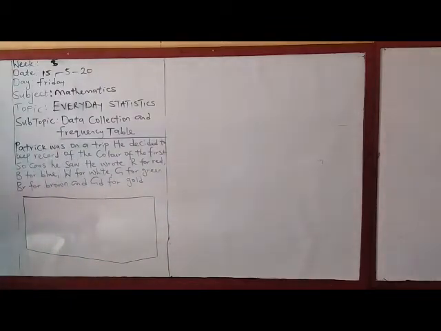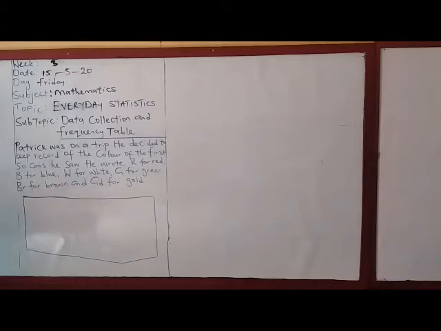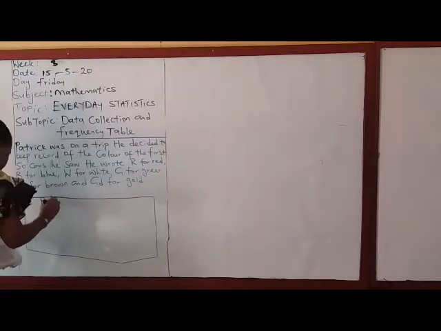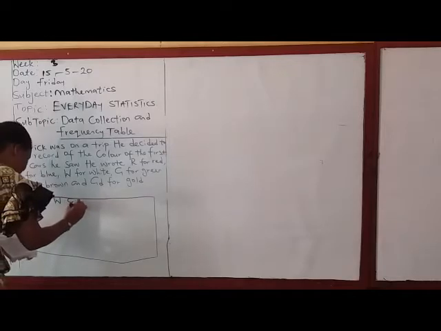Remember, he decided to keep record of the colors of the first 50 cars. That means the number of vehicles he took note of is the first 50 cars he saw. Look at his data. Do you remember B is for blue? You see another blue car. W, G.